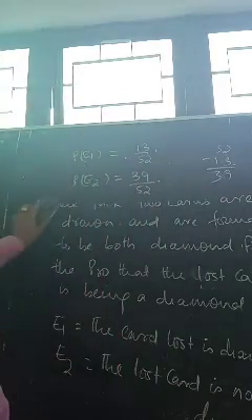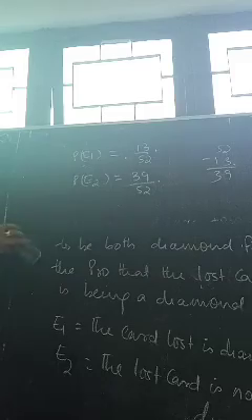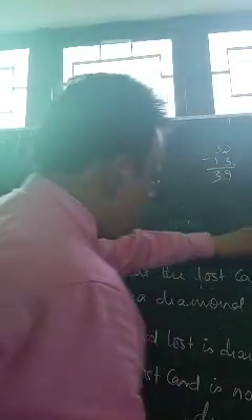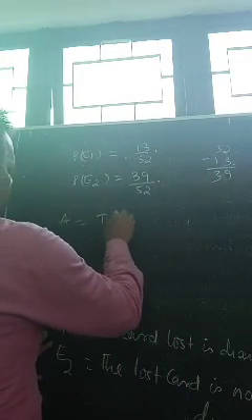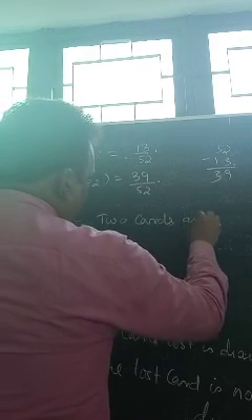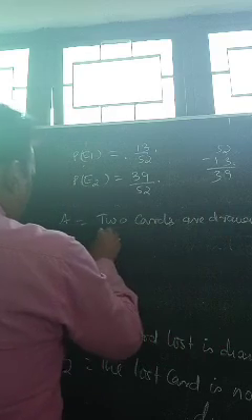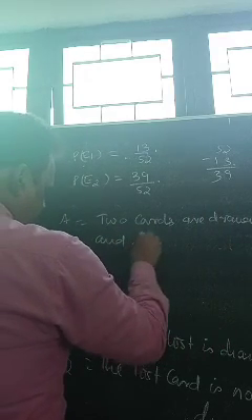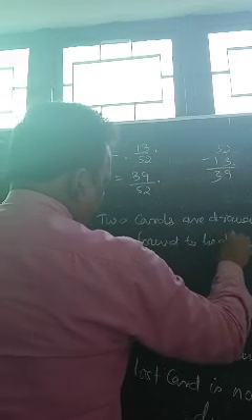Okay, now 2 cards are drawn and both found to be diamond. That is your A event. What is A? 2 cards are drawn and found to be diamond.